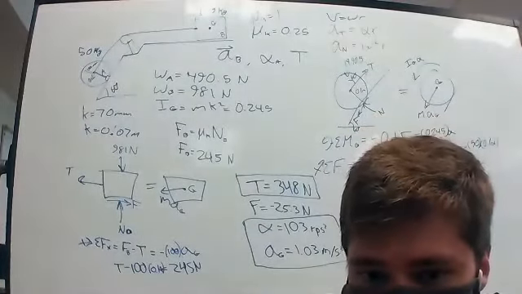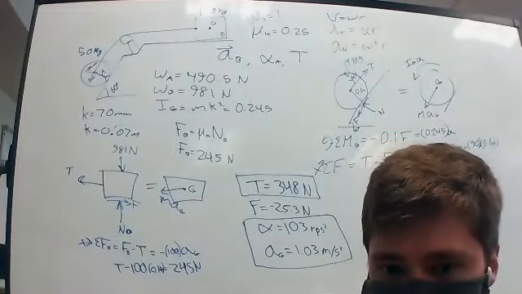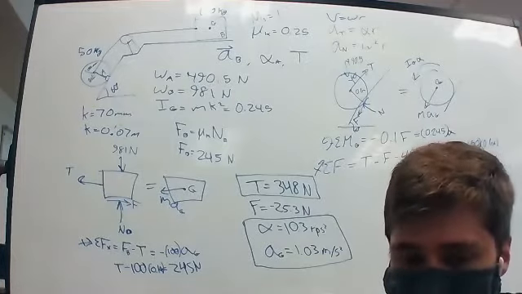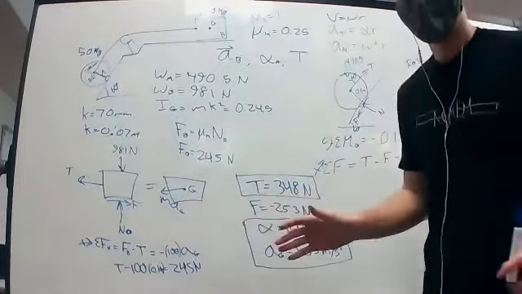So once the system begins to move, you want to use your mu sub k value. But while the system is at rest, you want to use your mu sub s value.